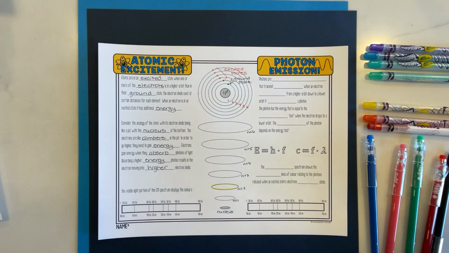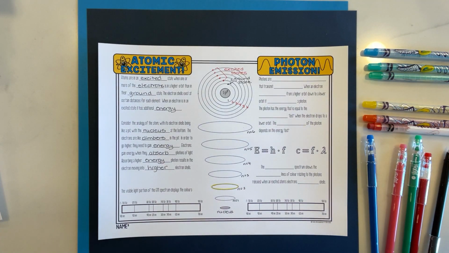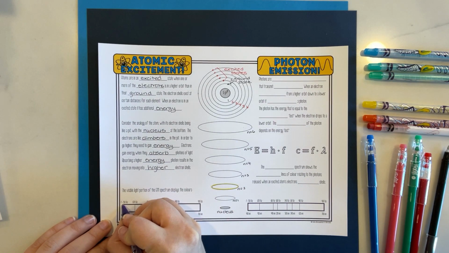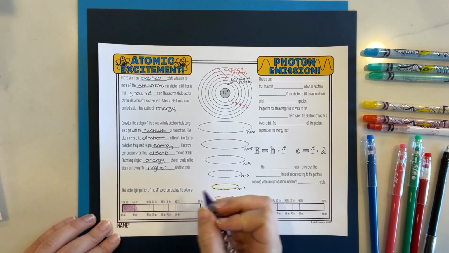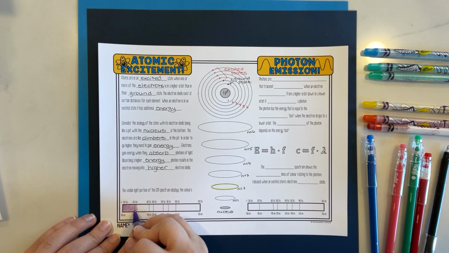So then I'll get into actually coloring the visible portion of light with them. And when I do this, I have those delineations, but I always color over them to kind of blend the colors better.